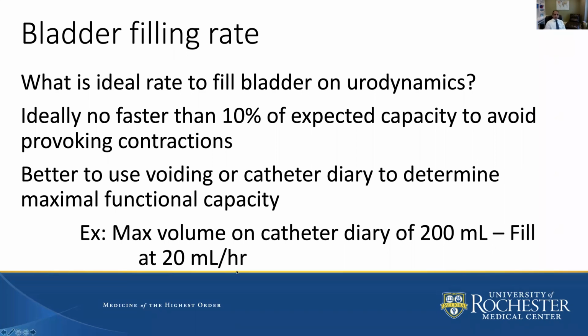The other thing is the voiding diary can sometimes give you a better idea, because the patient has a neurogenic bladder, and the capacity may not be what is expected. So if the functional volumes are less, you can even lower the filling rate to avoid provoking contractions.